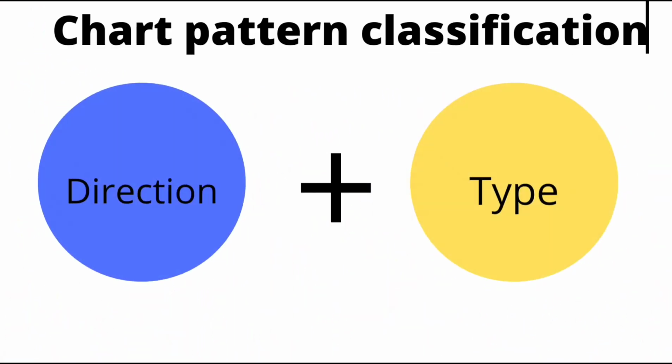Chart patterns are classified by combining these two types of classifications together. For example, take the bullish reversal chart pattern. Bullish indicates that the price will go up after the pattern, and reversal means the price will change direction after the pattern.